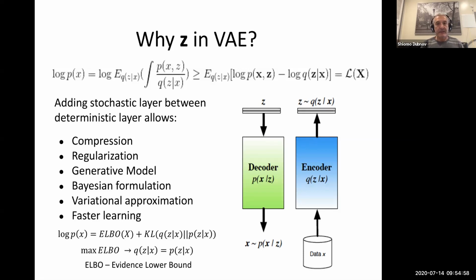I don't have this step written out explicitly. But what we can do is multiply and divide by some other Q of Z given X. You can think of this Q of Z given X as being inside the integral, and you integrate over Z. So we didn't really do anything here; the log comes from here.